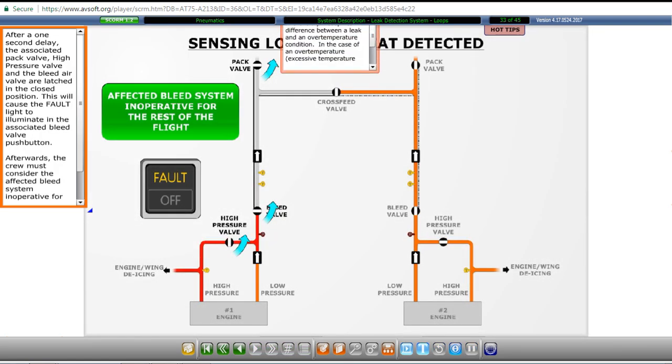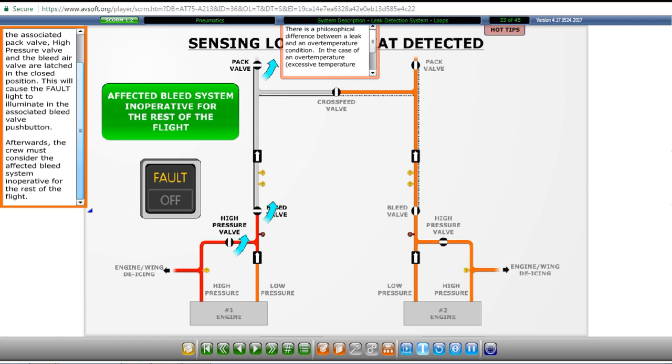After a 1-second delay, the associated pack valve, high pressure valve, and the bleed air valve are latched in the closed position. This will cause the fault light to illuminate in the associated bleed valve push button. Afterwards, the crew must consider the affected bleed system inoperative for the rest of the flight.